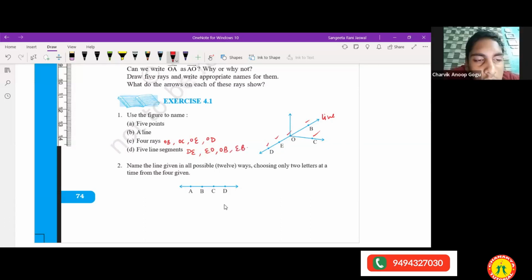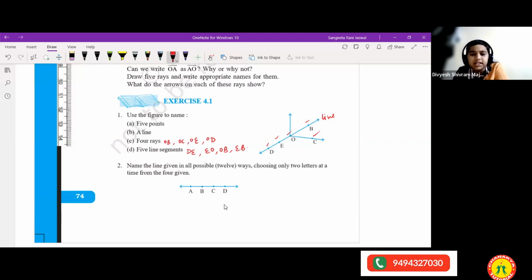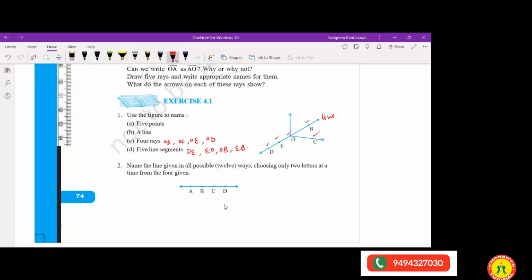Ma'am, what about OC? OC is a ray. Okay, but there are line segments, no, ma'am? And OD. Yes, OD also we can say. OD is a ray because it is extending this side, as you are saying for OC.